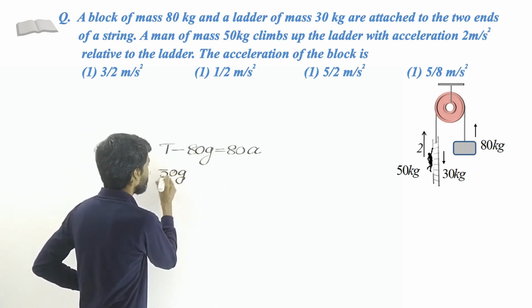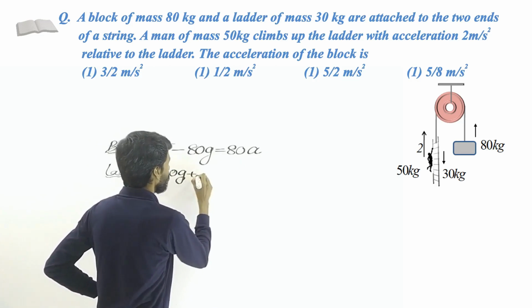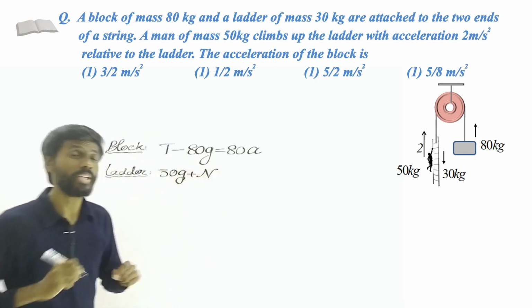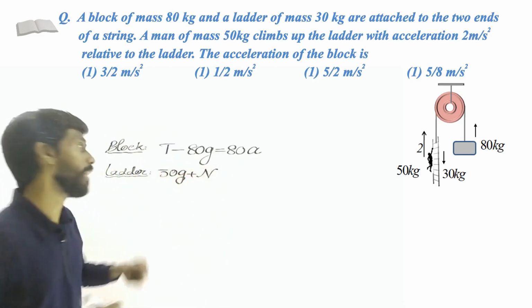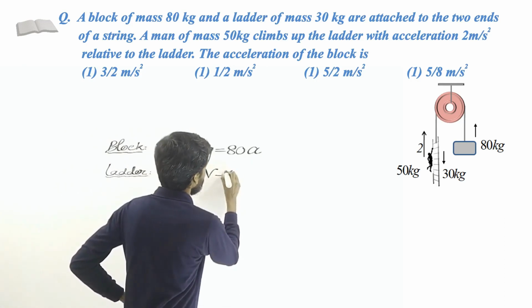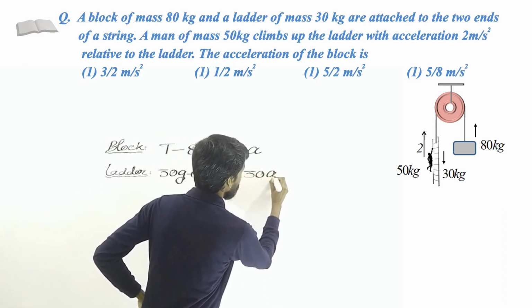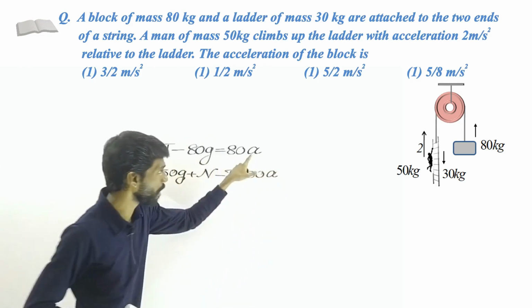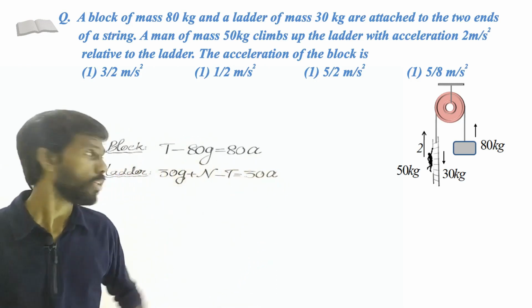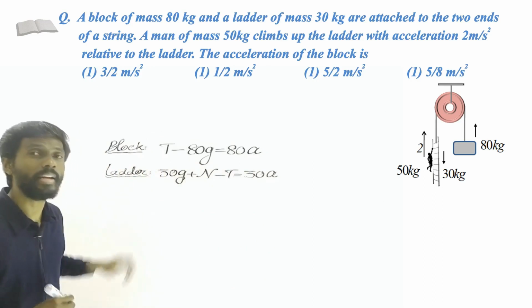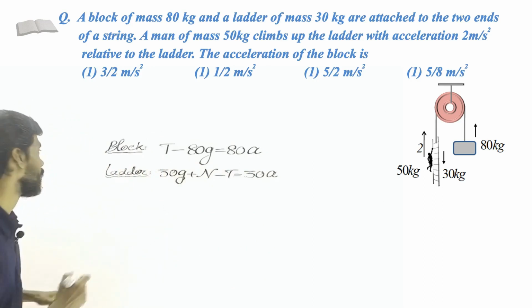So that is N, in the downward direction. Now the tension is acting in the upward direction, right? Yes. So minus T, that equals mass, 30, multiplied by the same a. So the acceleration of the block and the ladder are both the same, right? So that is for the ladder. Now for the man, what are the forces acting on the man?